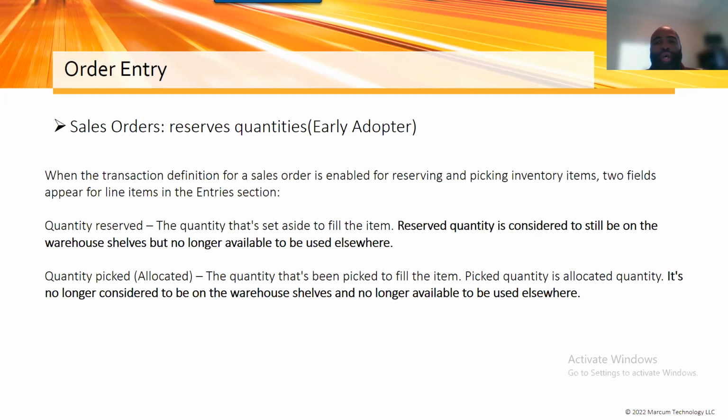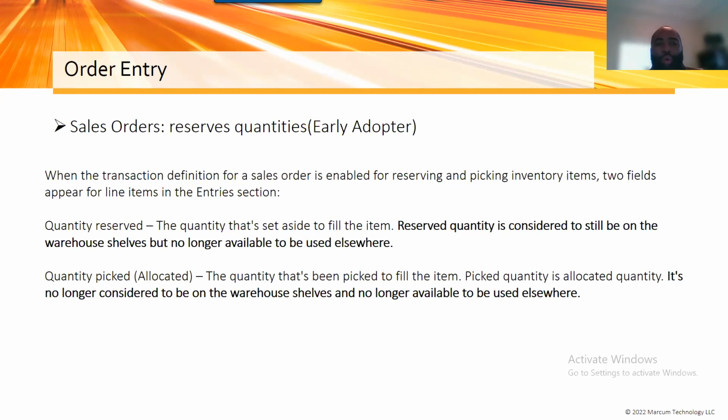What Sage Intacct has now done is added two additional fields to the order entry. It's in an early adopters phase. What that means is there are some clients who are part of an early adopter program with Sage Intacct. So when new functionality comes out that's not being rolled out to everyone, those in the early adopter program get access to that functionality first.